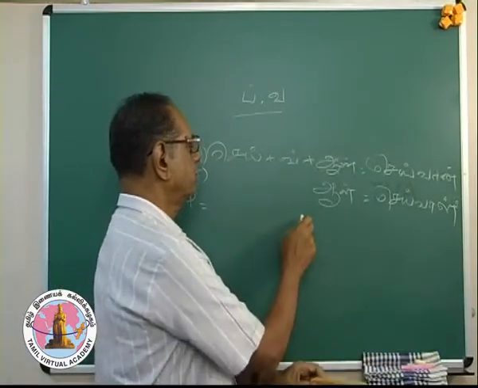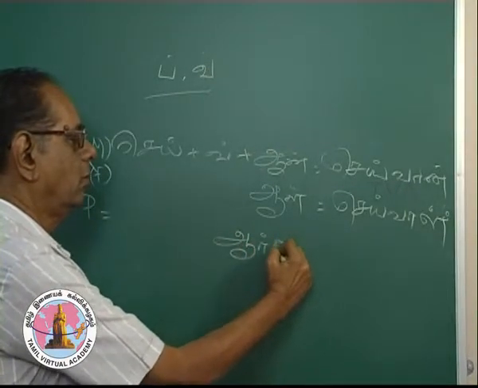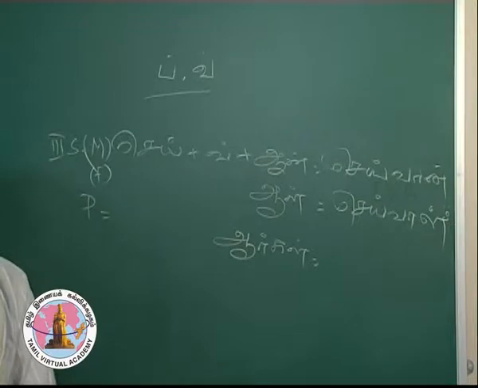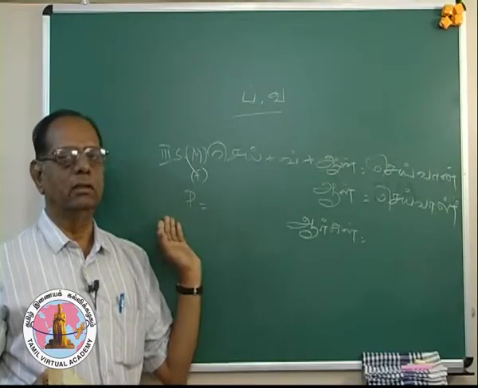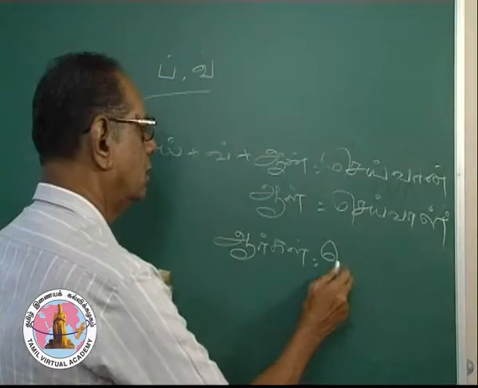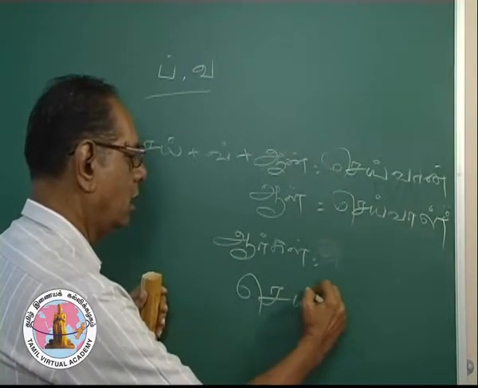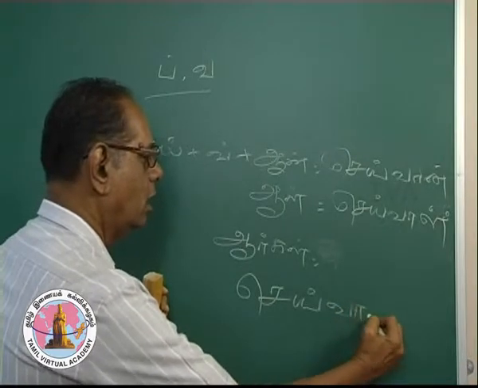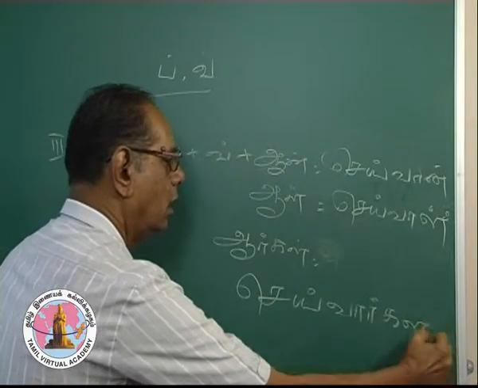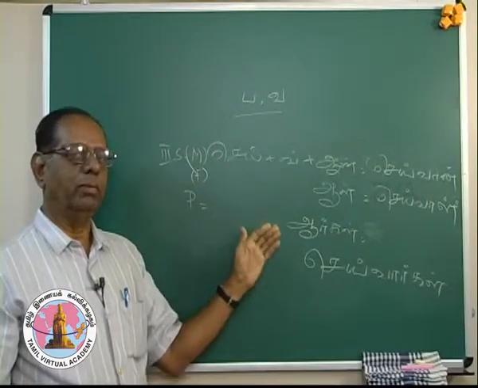Do you remember? In plural, you don't have any difference in the gender. So it will be ceyvargal. Third person plural for human beings.